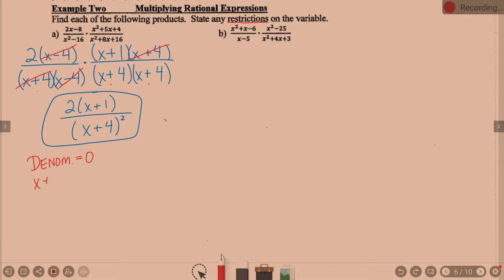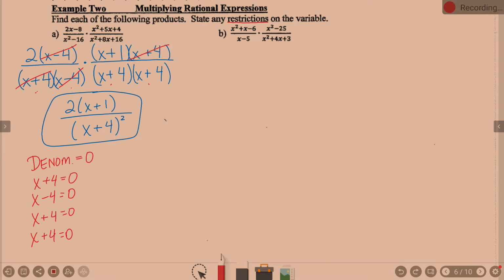On my first fraction, I had an x plus 4 and an x minus 4, correct? On my second fraction, I had x plus 4, and x plus 4. Now, that was kind of overkill, wasn't it?